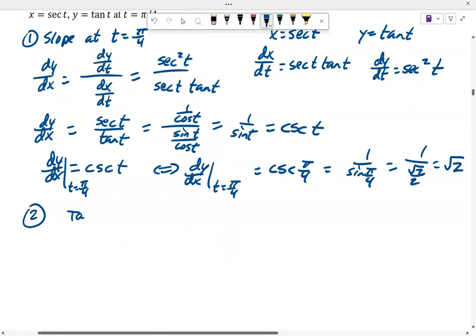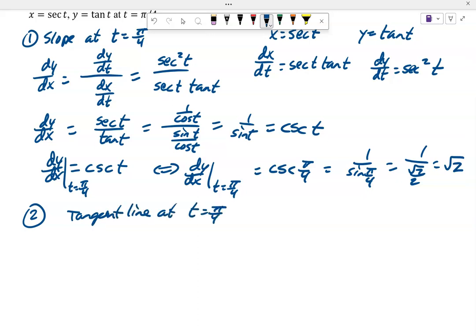We need the tangent line, so we need points. So we need x of pi fourths, which is the secant of pi fourths. We also need y of pi fourths, which is the tangent of pi fourths. Tangent pi fourths, sine pi fourths over cosine pi fourths, that's 1.